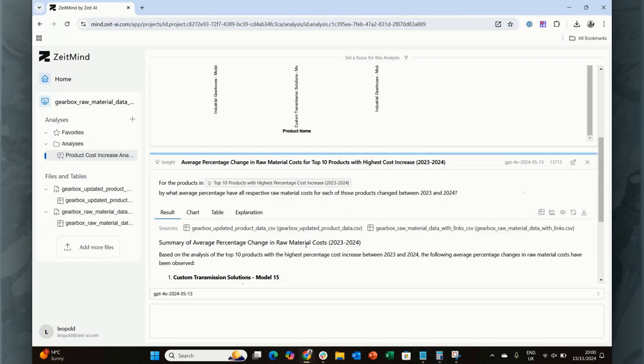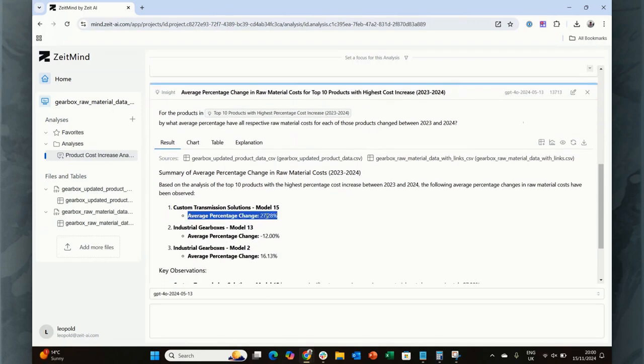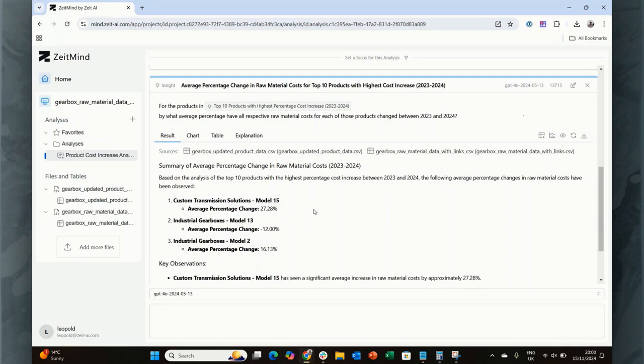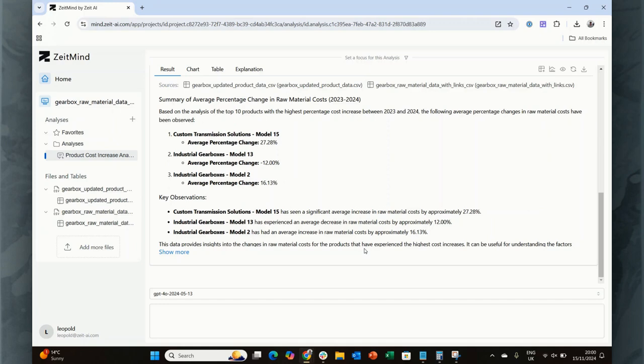And indeed, it looks like for Model 15, the increase has actually been 27%. So this might actually be a place where we could optimize really well. The product price has increased a lot, but also the raw material prices have increased significantly. So here might be a great place for us to start in purchasing to make some savings.